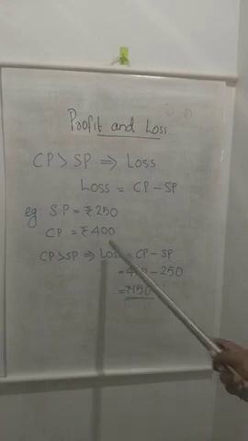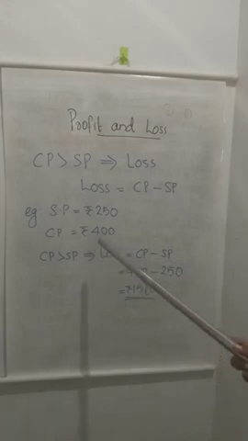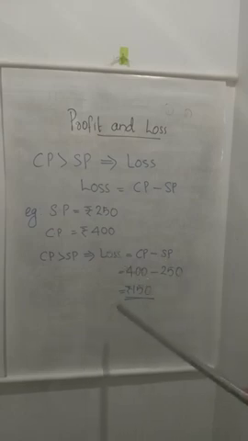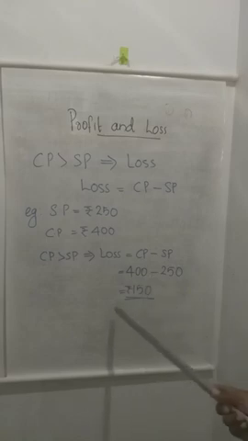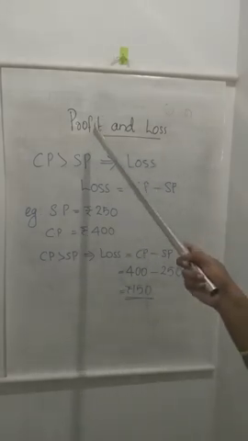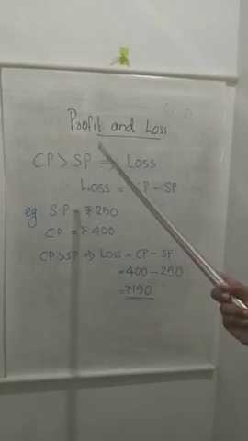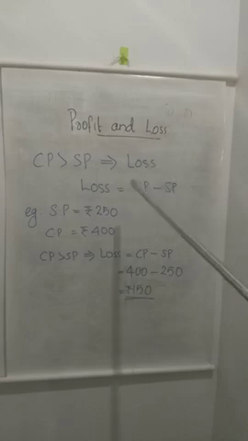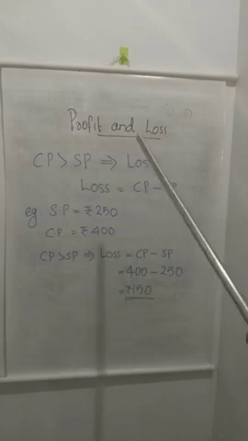I bought it for 400 rupees but I am selling for rupees 250. So from my hand I am losing rupees 150. That is profit and loss. When I have profit, some amount is coming to me, and if I am having loss, some amount is going from me.